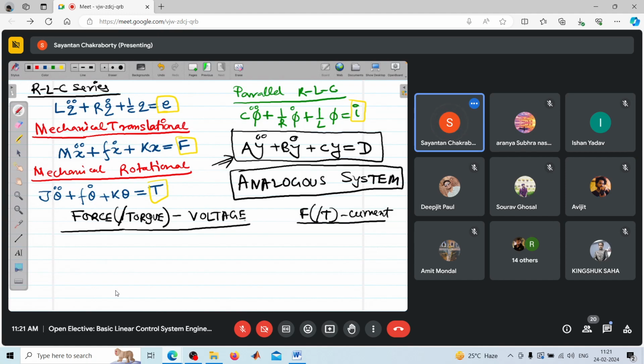For any mechanical system, we write force, or for a rotational system, in brackets, torque, right?